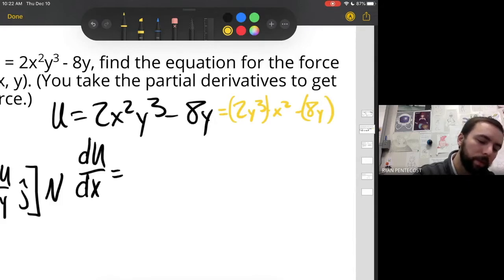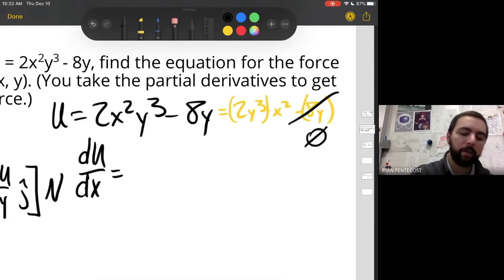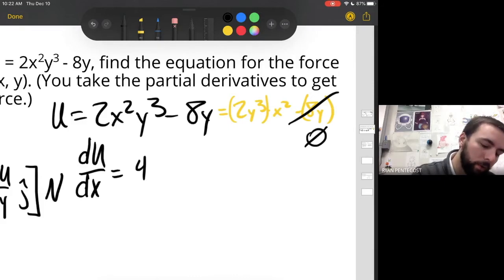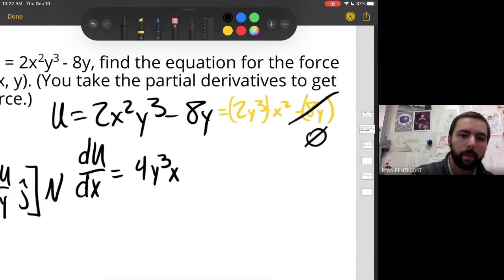So remember, when you take the derivative of a constant, that goes to 0. And when you have a constant times your variable, that's when you just use the power rule. So you bring your 2 down, you've got 4y cubed x. And that's it, because then that goes to 0. So that's our dU dx.